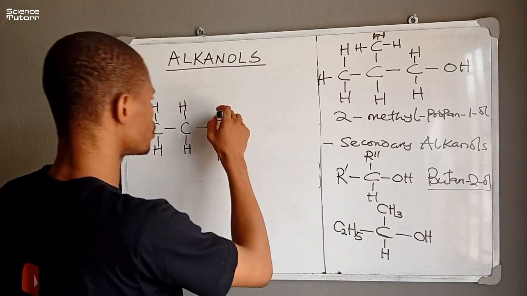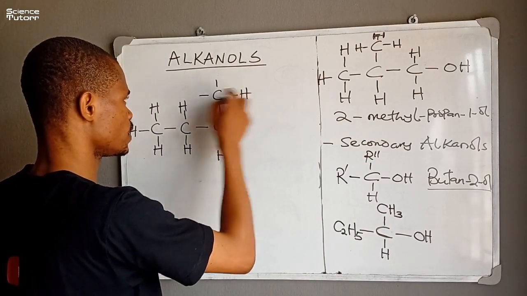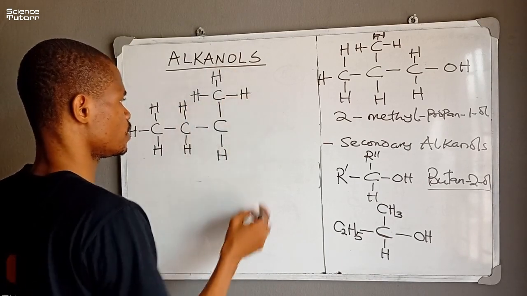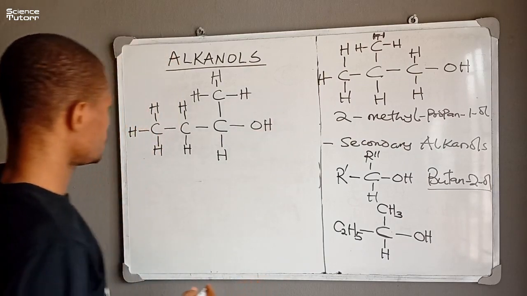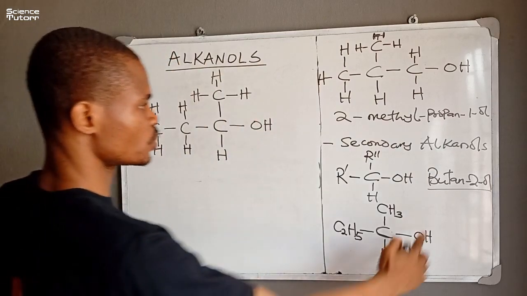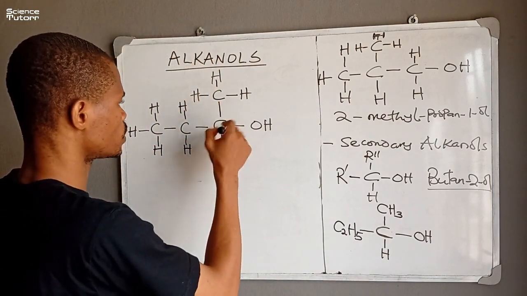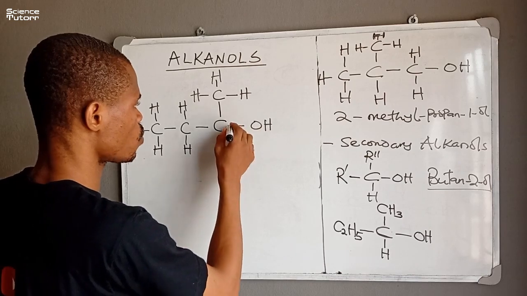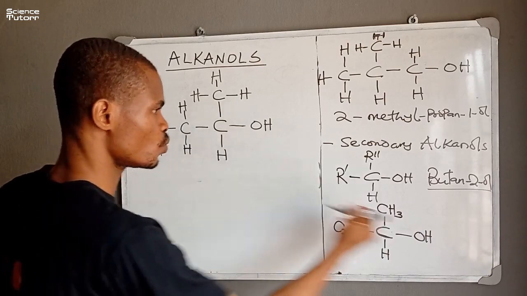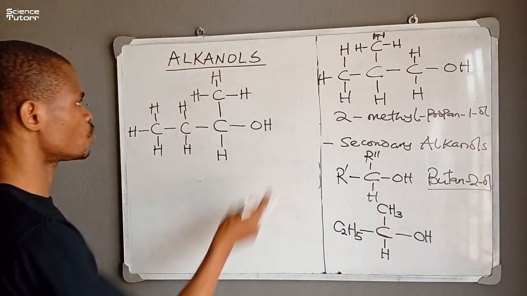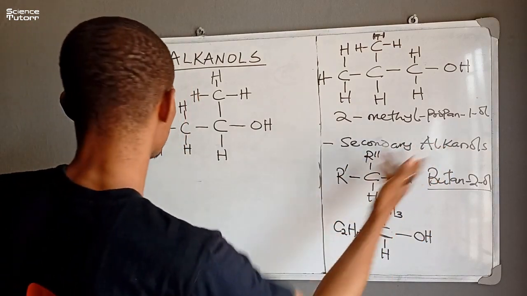We have a methyl group attached to this carbon, 1, 2, 3, and 3 hydrogens. Then on this side, we have the functional group. In all, we have 4 carbons, which represents butan. So 1, 2, the second carbon carries the OH group. So that is where we have the 2 attached to the ol. So this is the structure of butan-2-ol, which is a secondary alkanol.